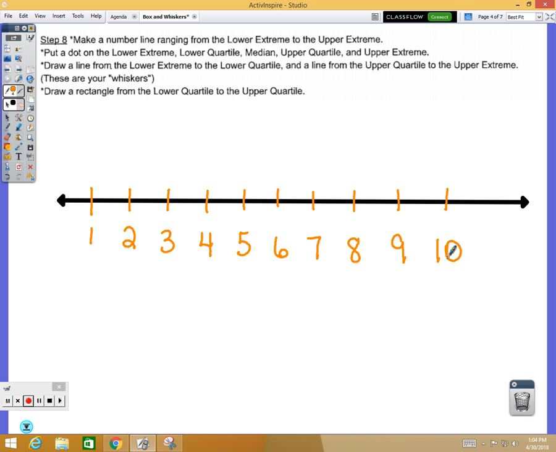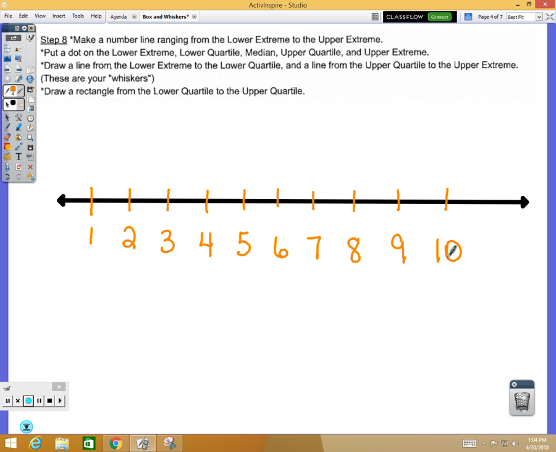So again, you can have more than the numbers 1 through 10 on there, or your range of numbers, okay? You can have more than that, but you don't want to run out of room. We're not going to get out rulers and stuff, but you want to try to make the distance between each number the same, okay? Notice that some of the numbers that I put on my number line are not numbers that are part of my data set.